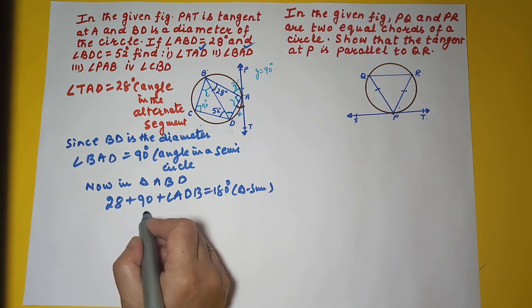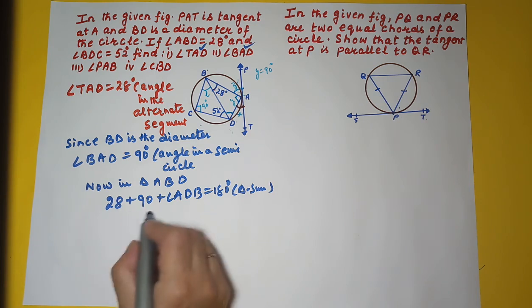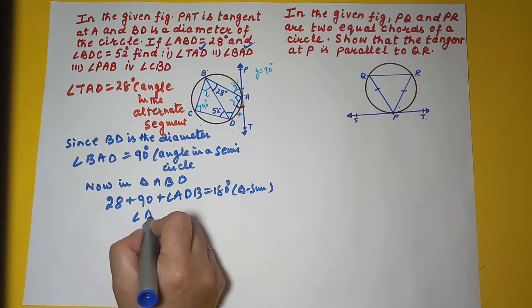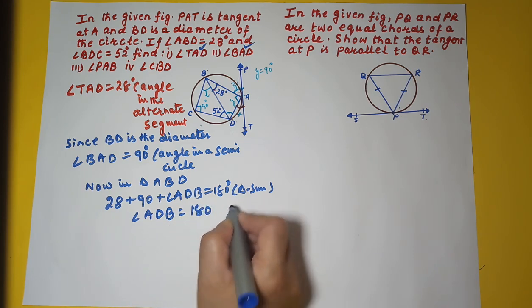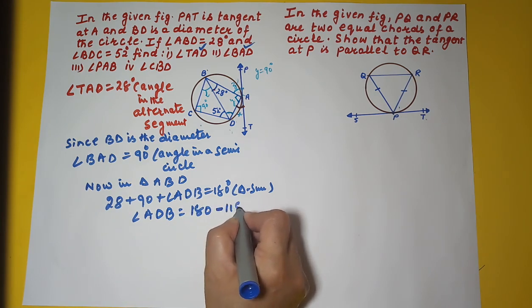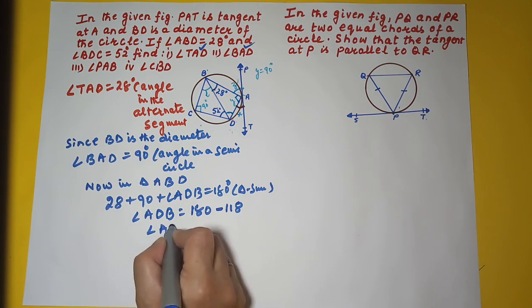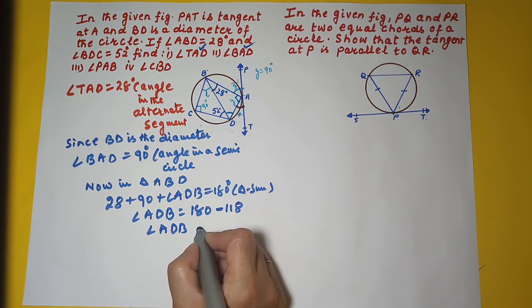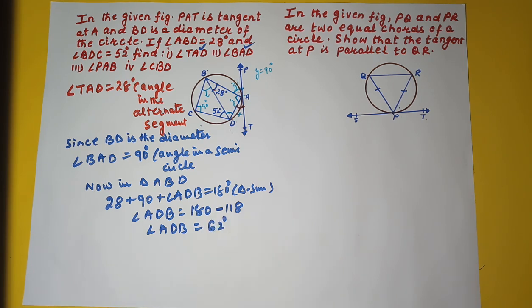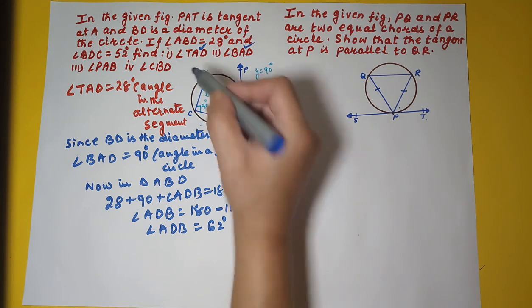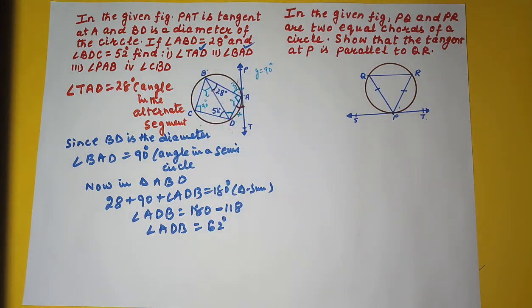So 90 plus 28 is 118. So your angle ADB is equal to 180 minus 118. So your angle ADB is equal to 62 degrees. You have found angle ADB as 62 degrees, right?